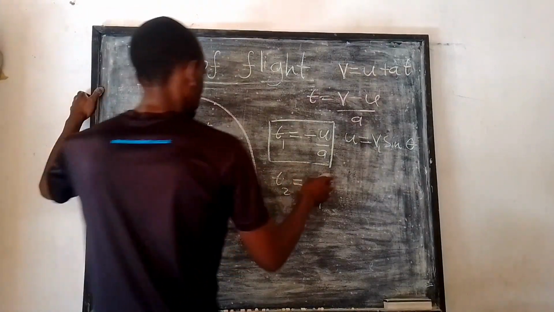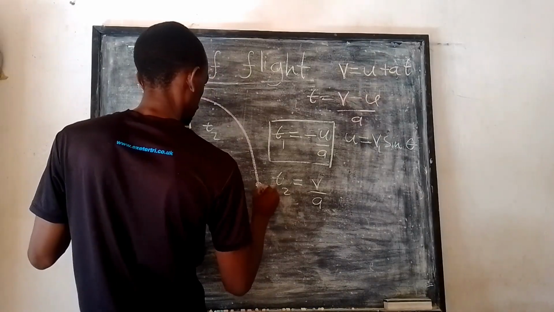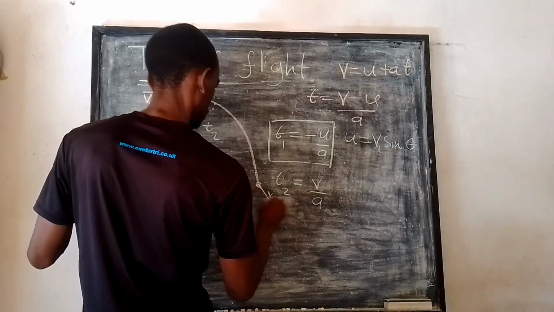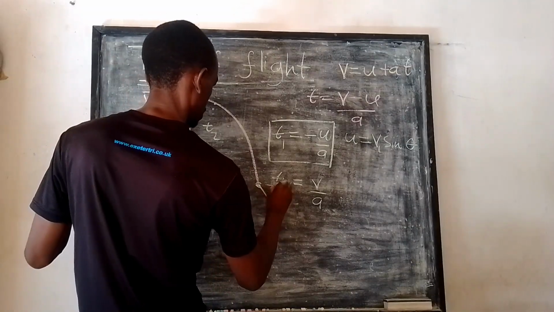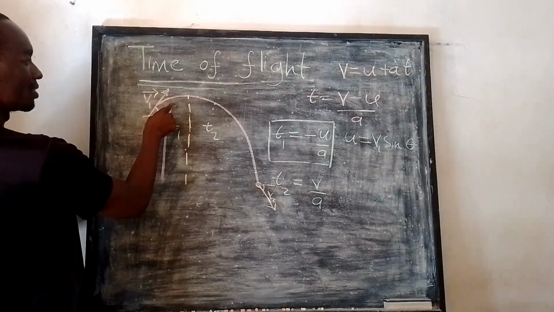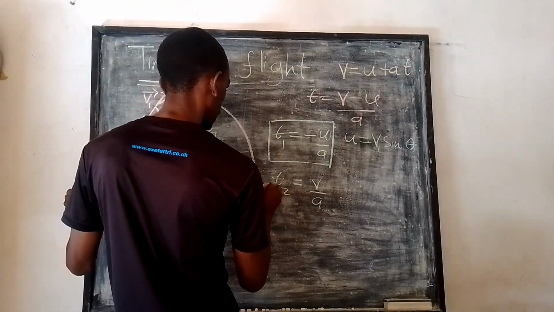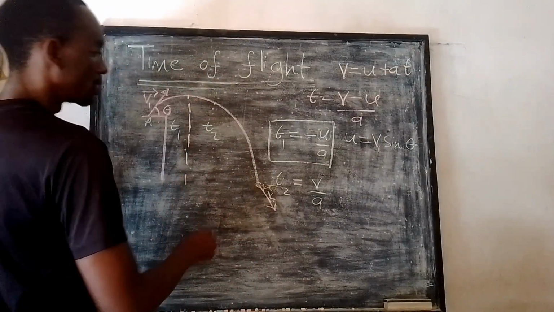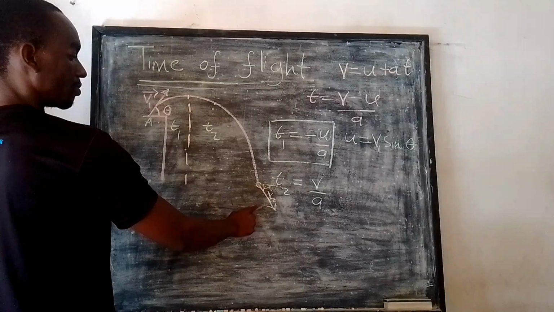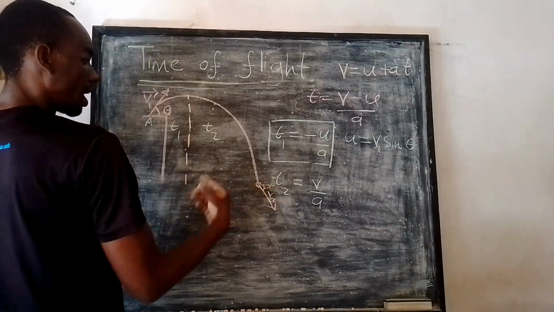Now, in this final scenario, you have your velocity of V2 associated with a certain angle which has nothing to do with this because these are not at the same level. Let's call this angle alpha. So in this scenario, the vertical component of the velocity, which will be our final in this case, is V2 sine alpha.